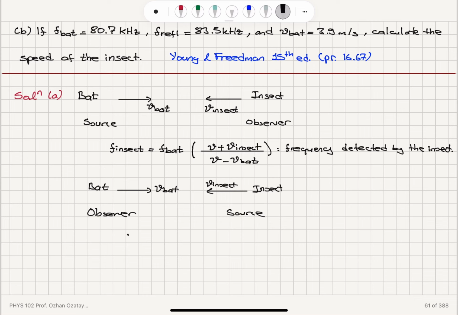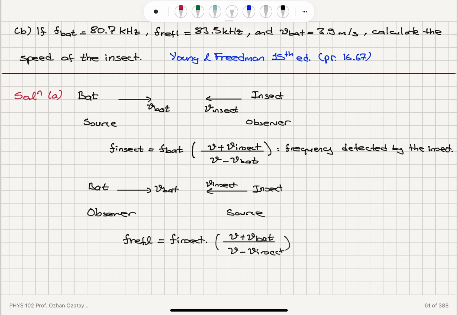So the frequency reflected that will be detected by the bat will be the frequency generated by the insect, which is the frequency detected by the insect when the bat produced a sound, multiplied by, again, the same scenario: v plus v observer, so it's v plus v bat, divided by v minus v source, v minus v insect.